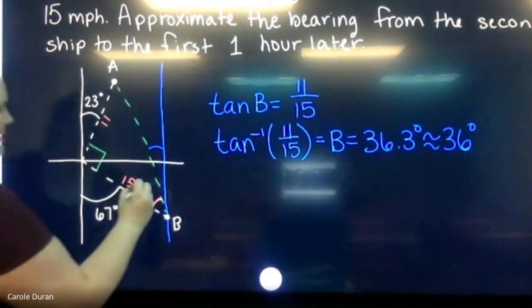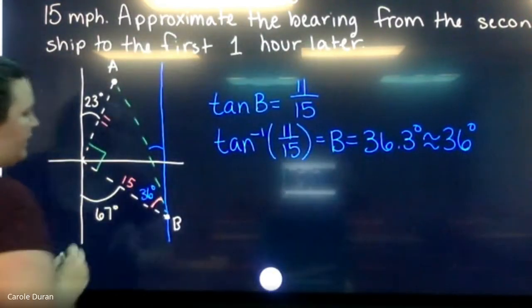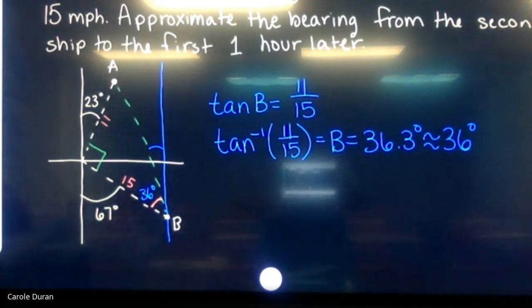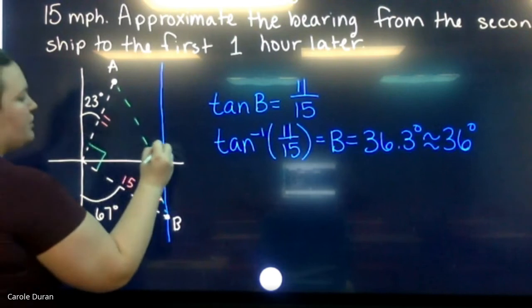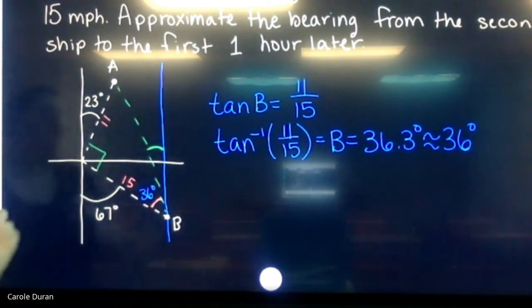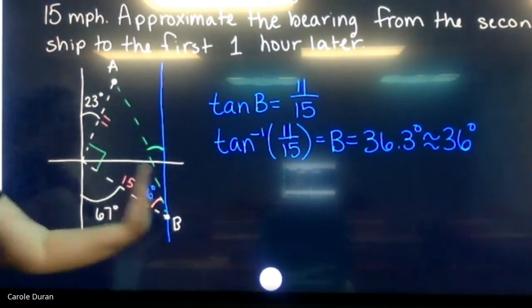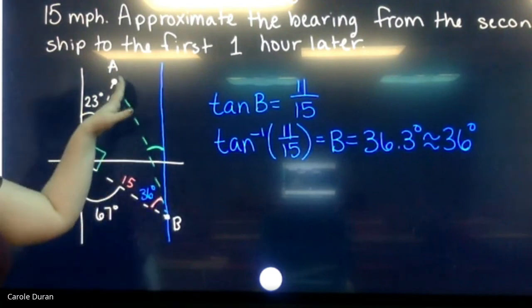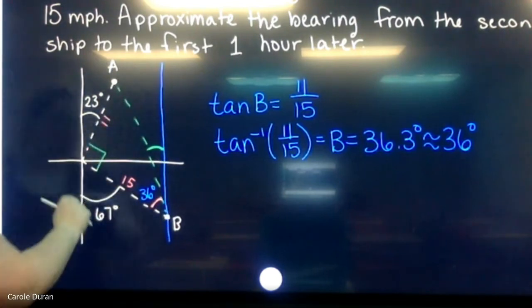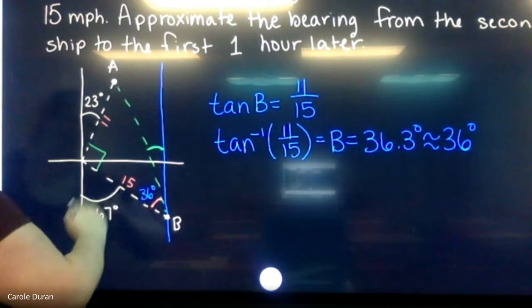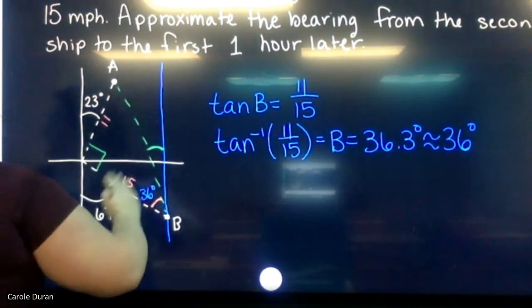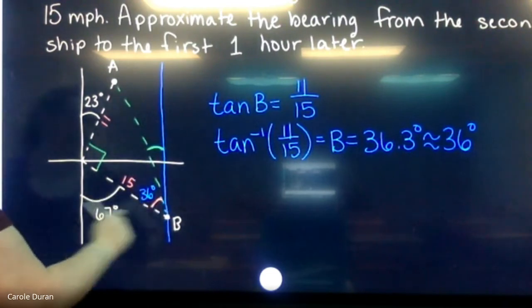So that means that this little portion inside of my triangle at angle B is 36 degrees. What I want to know is what this portion is right here, because that's going to be the angle difference between ship B and ship A. So I know that this whole thing right here is 90 degrees because it's a right angle.